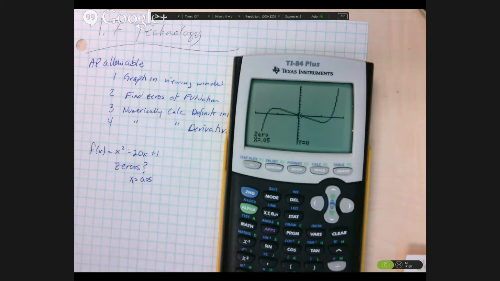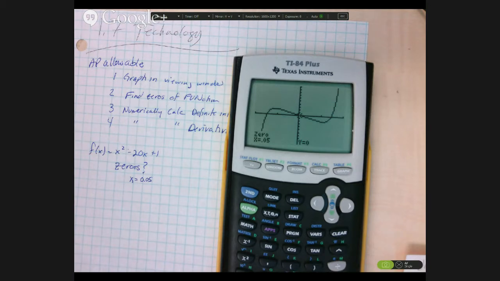That means your stat plots are on and your window needs adjusting. Go to zoom, 6, enter. That gives you the standard.